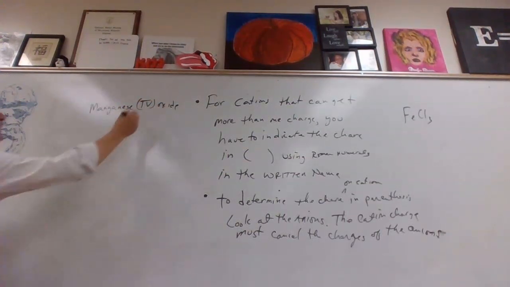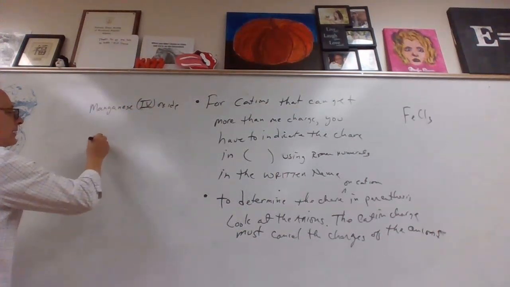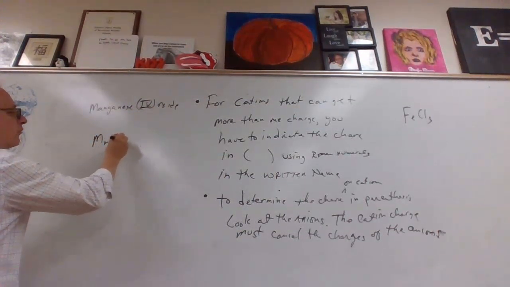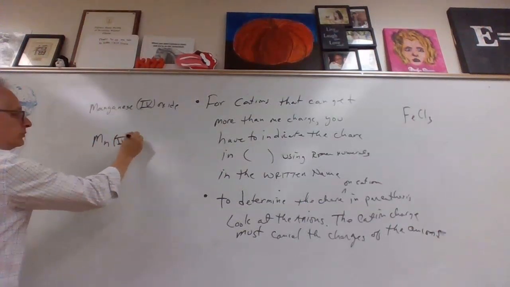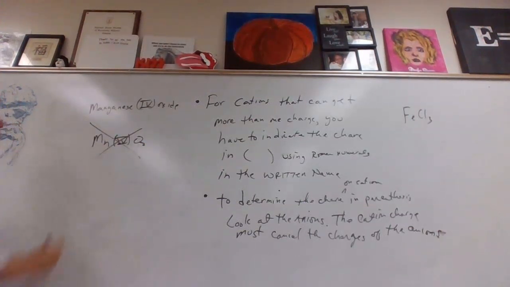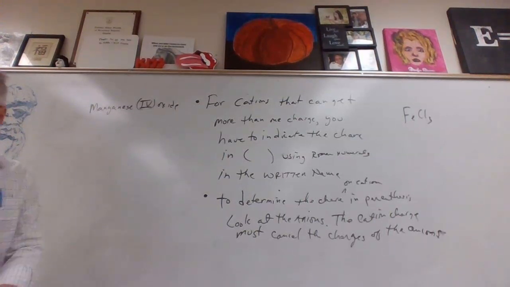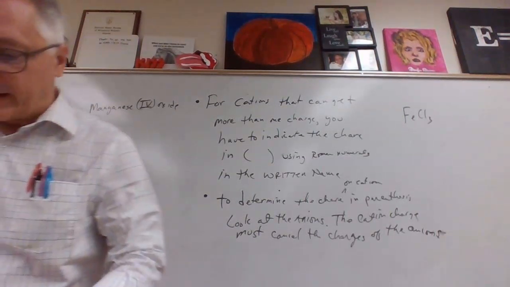So, I'll write that on a quiz, and I'll get Mn(4)O2. That's wrong. You never, in a formula, put the parentheses. Just don't do it. It's only in the written name. The formula enables you to get the written name. So that's not so bad, I don't think.